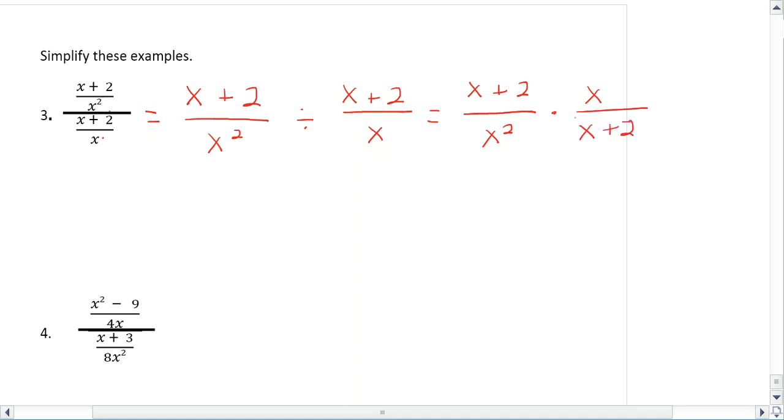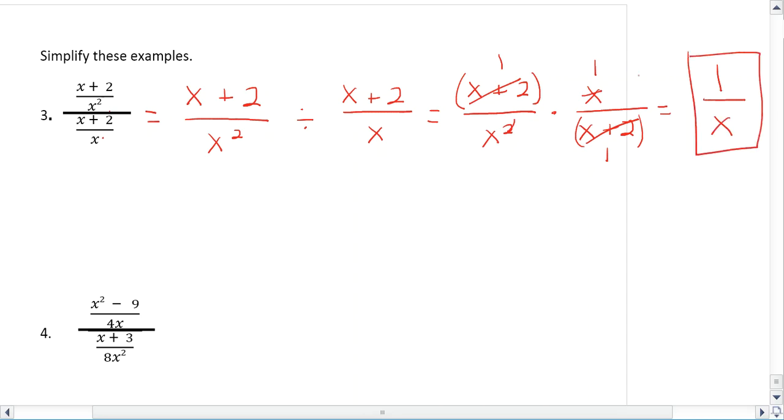Well, and this one ended up with some nice canceling. Just going to remind you that you can only cancel the entire binomial or nothing at all. So this x plus 2 cancels, leaves me with ones. This x divides out one of these x's, and so my final answer is just 1 over x.